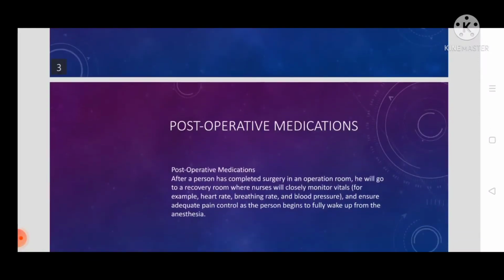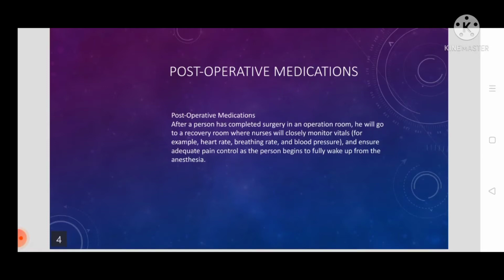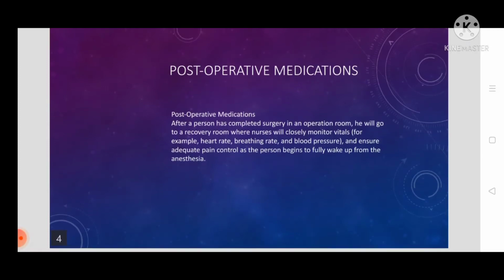And now let us proceed to the post-operative medication. So post-operative medications, this is after surgery. After a person has completed surgery in an operation room, he will go to a recovery room where nurses will closely monitor vitals, just like, for example, heart rate, breathing rate, and blood pressure.